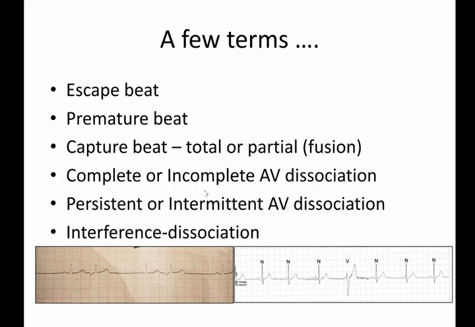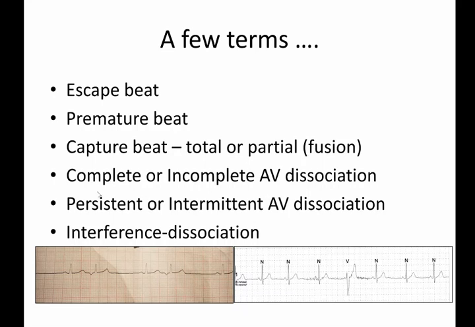We'll see examples. Complete or incomplete AV dissociation, I've already told, whenever there is absence of capture beats or presence of capture beats, we call this complete or incomplete AV dissociation. Apart from making your diagnosis of AV dissociation or the underlying disorder more apparent, there is not much significance of complete or incomplete AV dissociation.